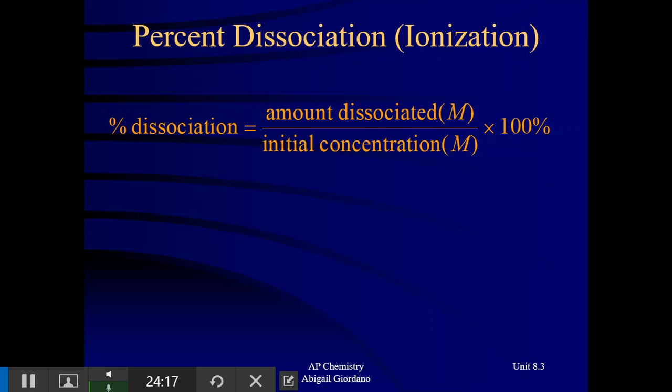What do you think? Think about what that percentage would be for a strong acid. And I hope you were thinking in your head 100%, because that's correct. Strong acids dissociate completely. Weak acids, not nearly as much. And so this is the formula to calculate it.